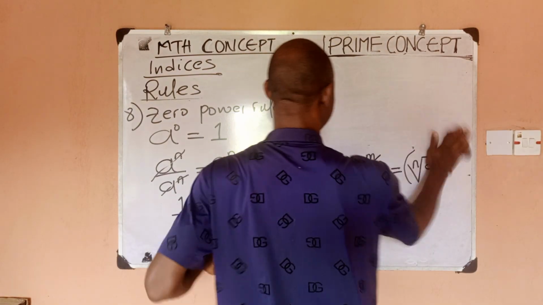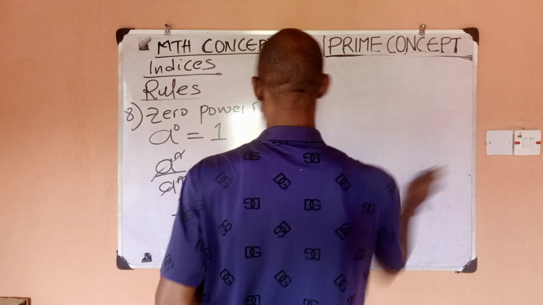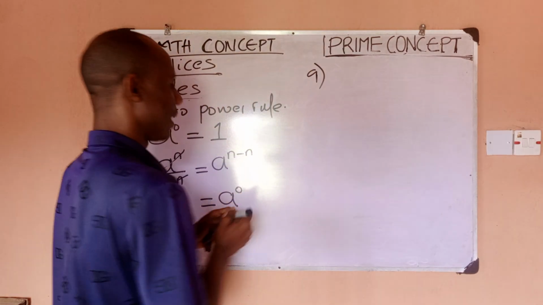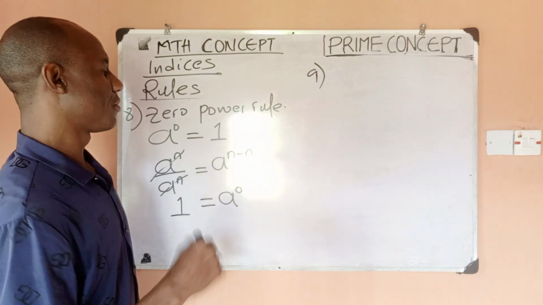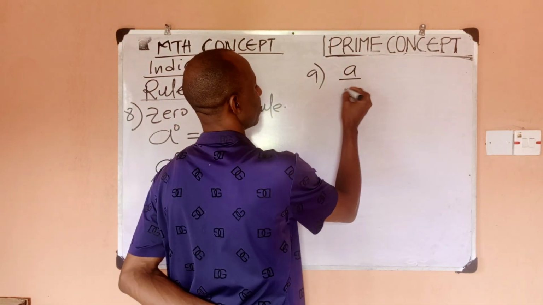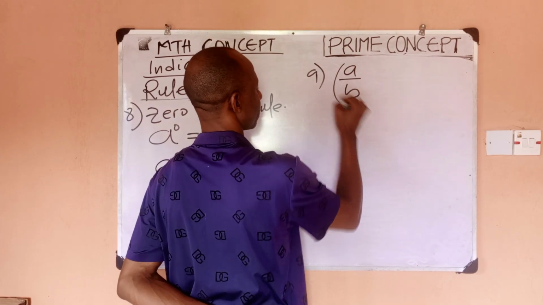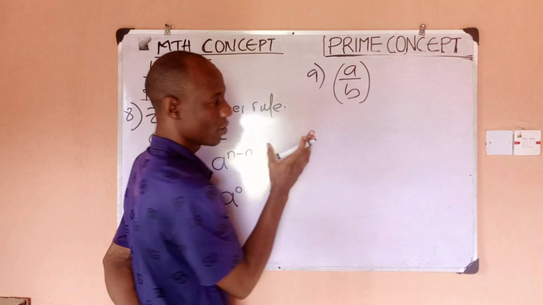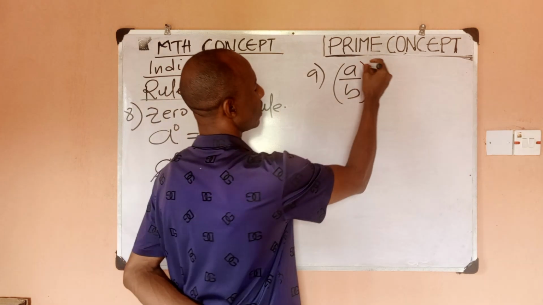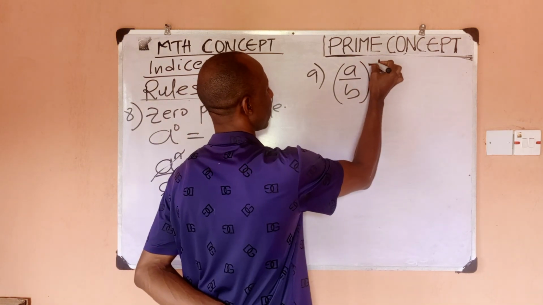I want to add another one. Rule 9. Say you have A over B. We already saw this, but I want to give it separately. Say you have A over B to power minus 1.